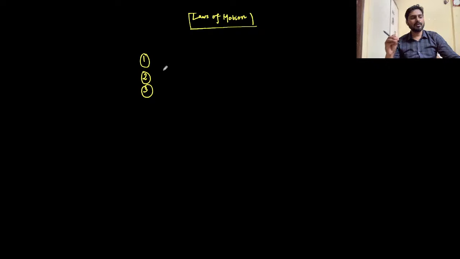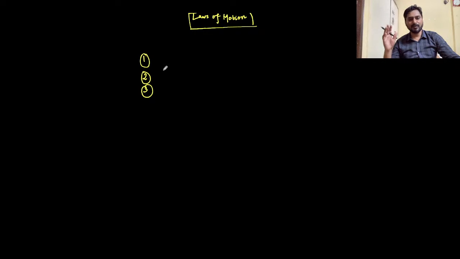So it maintains that particular inertia. How do we change that inertia? It is only by application of force. If something is moving and we want to stop it, we will have to apply force. If something is at rest and we want to move it, we will have to apply force. So that is the first law of motion.